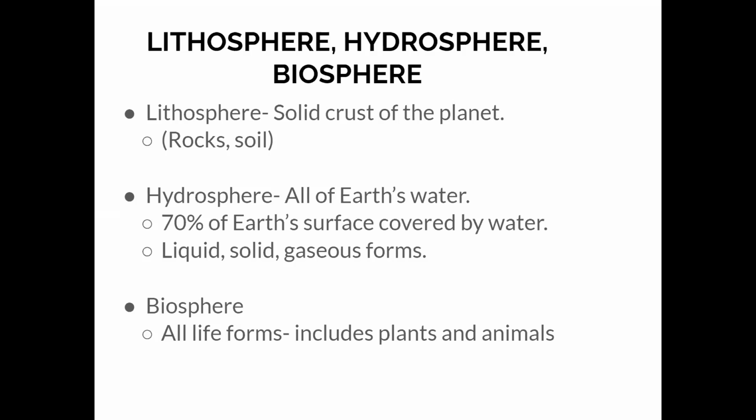Yes, so those large bodies of water make up about 70% of Earth's surface covered by water. Now, this can be water in liquid, solid, and gaseous forms. So it's not just liquid form, but solid and gaseous.